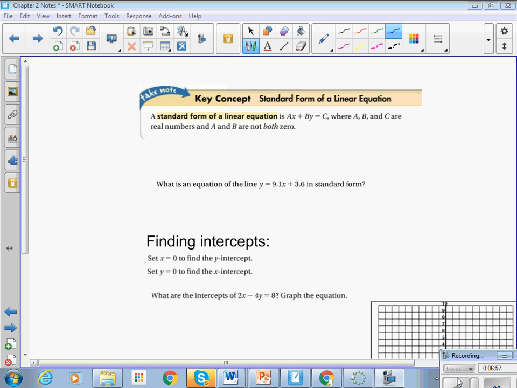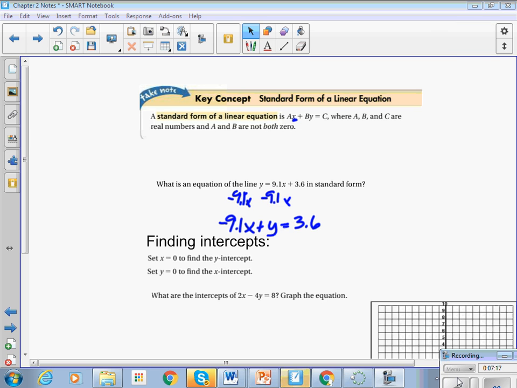So I got to subtract 9.1x from both sides of this equation. And it wants my x values first, so I'm going to go negative 9.1x plus y equals 3.6. And now we're in standard form.